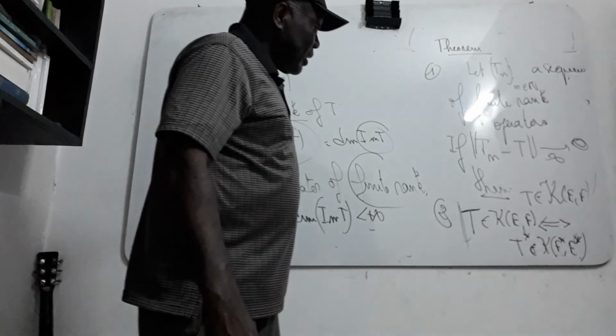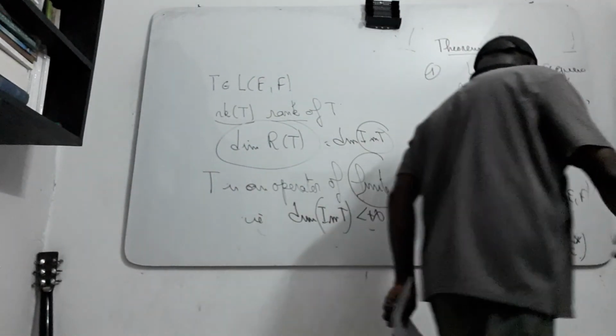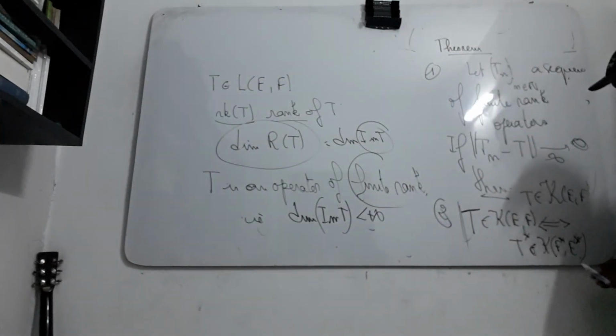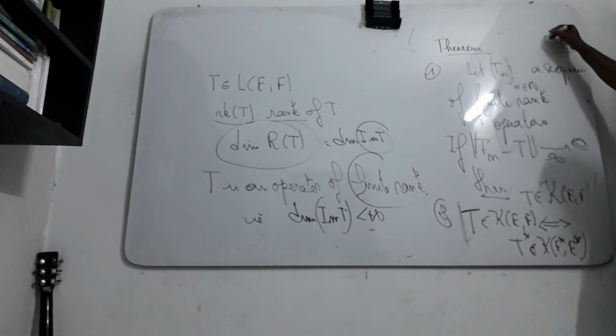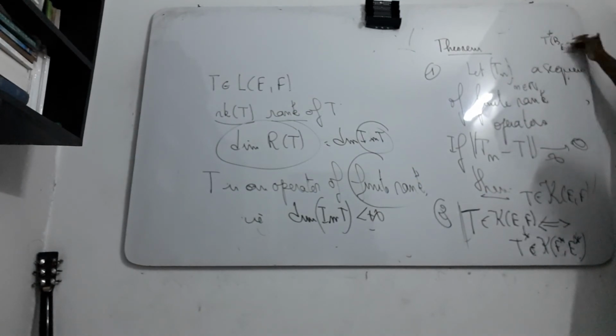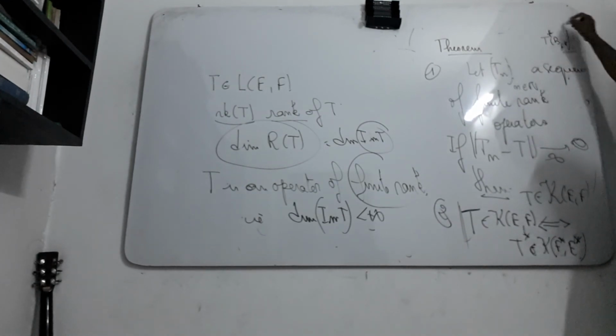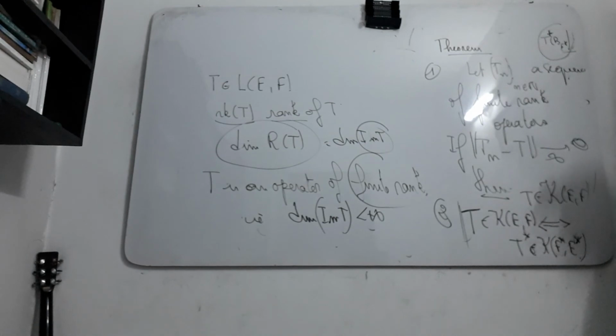If I want to prove this one, we take a sequence of the unit ball, you have to put T star of the unit ball here in F like this. You take a sequence of this unit ball. You prove that there exists a subsequence which converges.